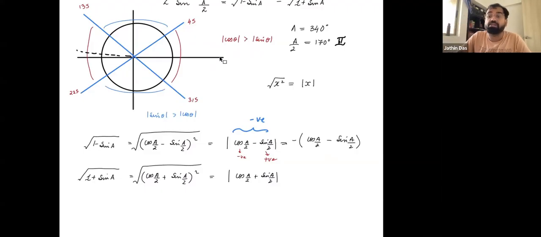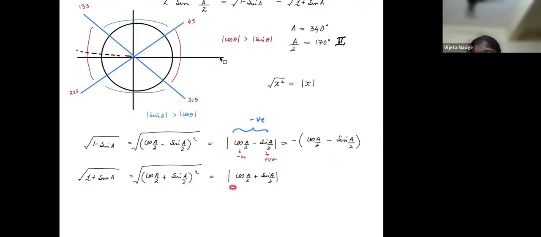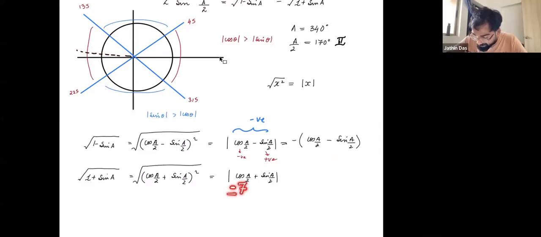So in this case, what you will have to do is check this mod. That's why I told you this is easy. So you have to check. In this region, mod of cos is bigger than mod of sine. So it will be like a bigger number's negative plus 3. Sin A by 2 will be smaller actually.